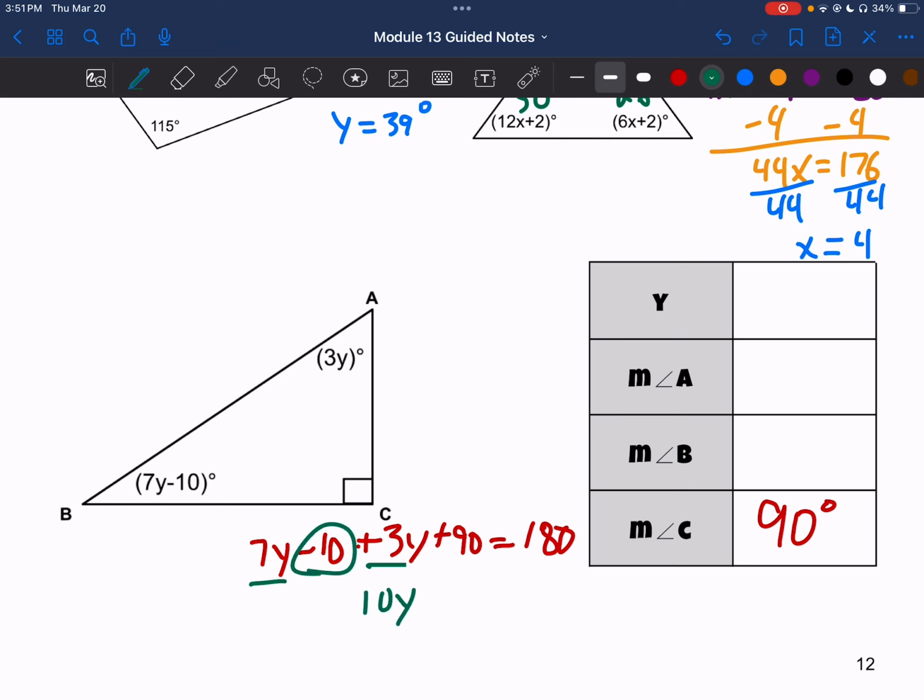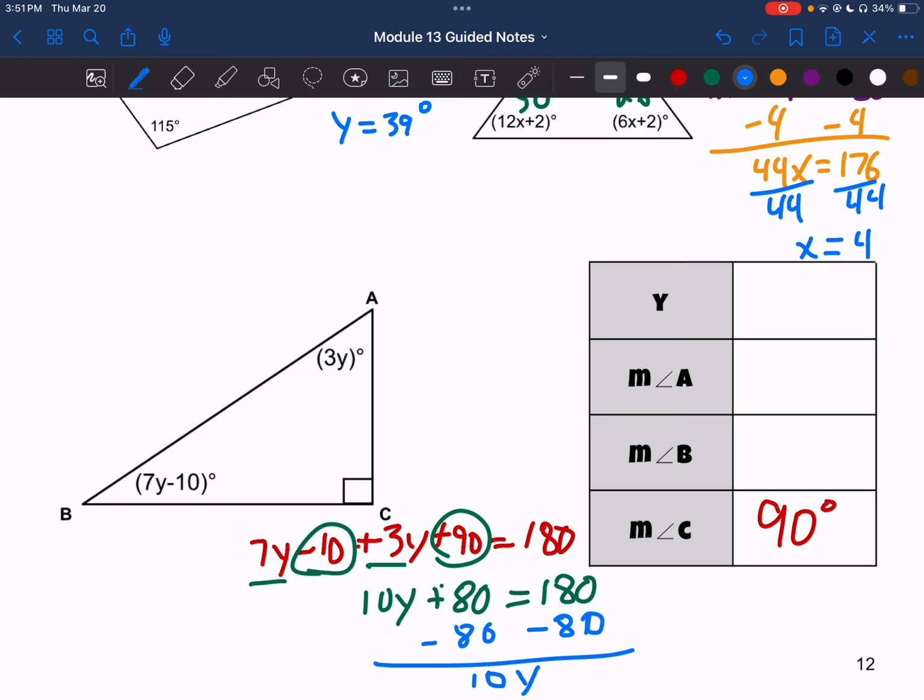And 90 and negative 10 would be 80. And then we go ahead and subtract 80 from both sides, and this is where both works start to combine. And you get 10y is equal to 100, which when you divide, you get that y is 10.